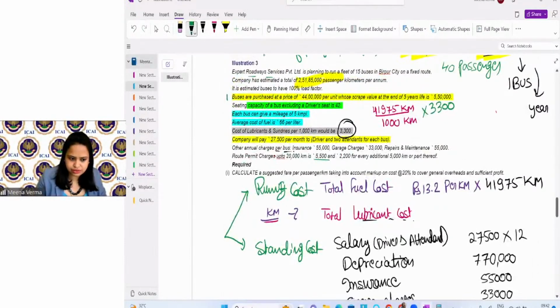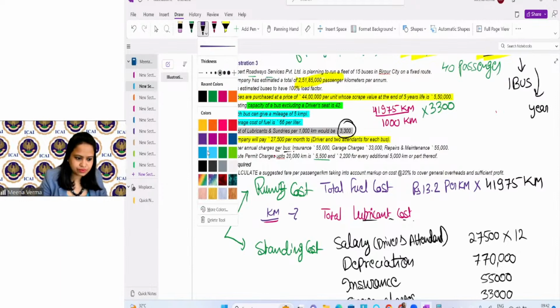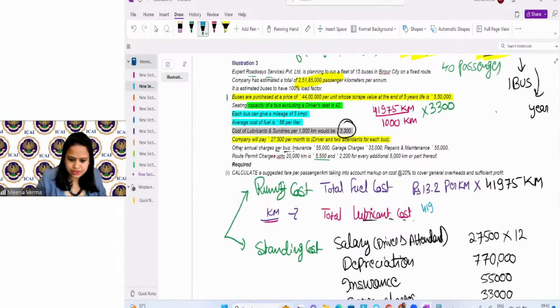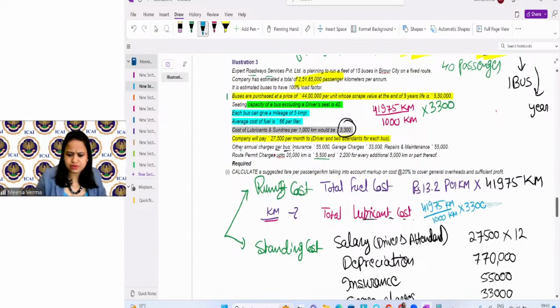So I'm writing it here: 41975 divided by 1000 kilometer into 3300. This will give the lubrication cost.